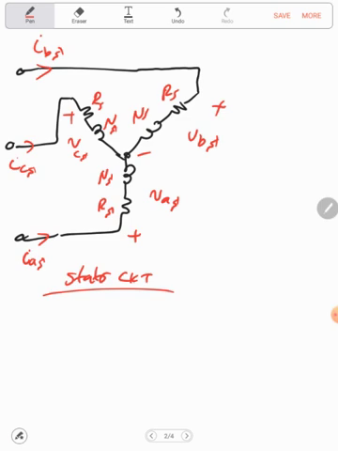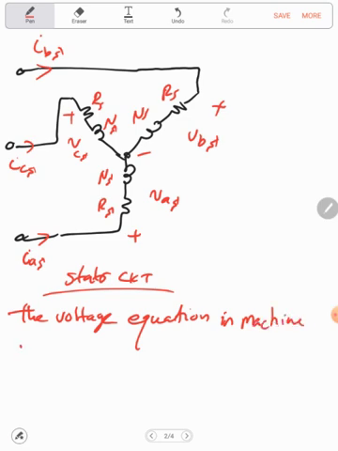So simply here the voltage equation in machine variables in the ABC reference frame. And it's actually the Ohm law plus the Faraday law of induction.